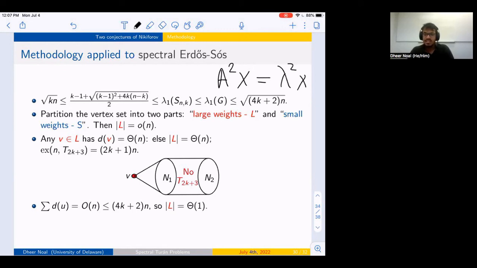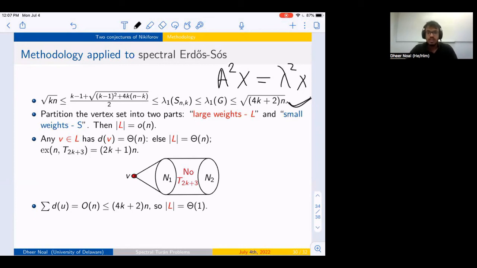We can just look at this equation, and at the same time, we know that the eigenvalue is going to be bounded above by the maximum degree. And the maximum degree would basically just be a row sum, the maximum row sum of the matrix. So lambda squared would be bounded above by the row sums in the A squared matrix. And so we can do this and we end up getting this upper bound as well, which you can think of as root 5kn for simplicity.